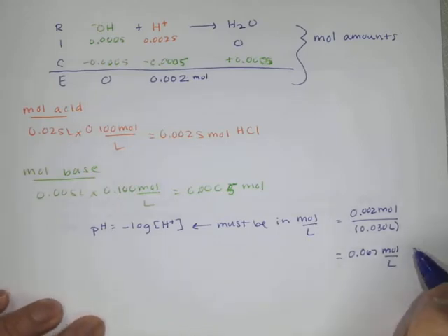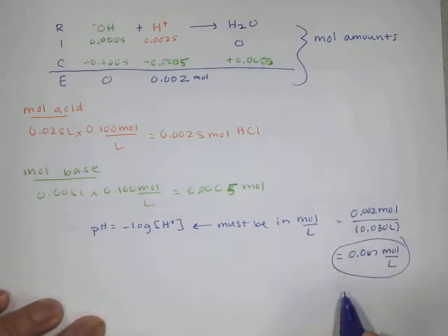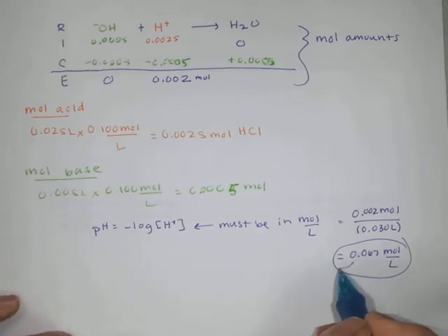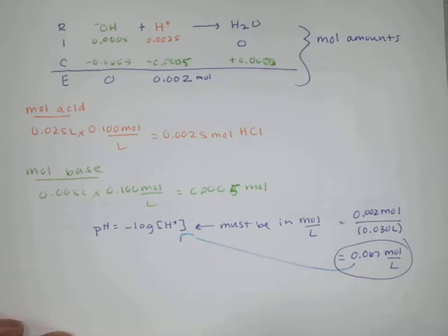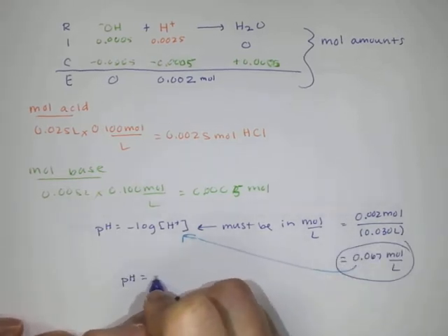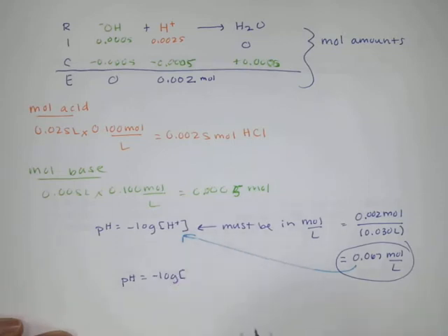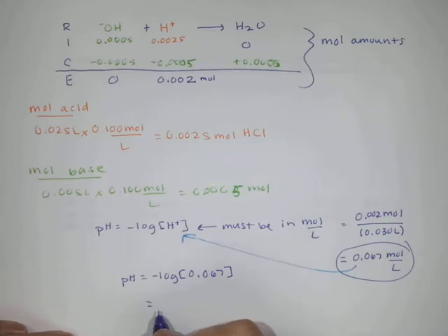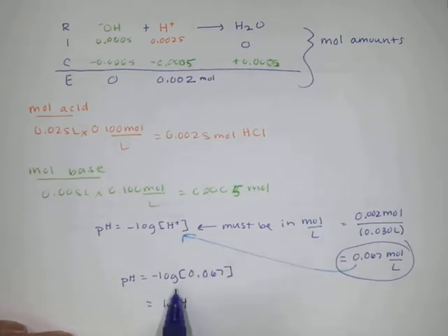So now we can plug this back into that equation. So pH equals the negative log of 0.067, and that then should equal 1.24 when you take the negative log of that.